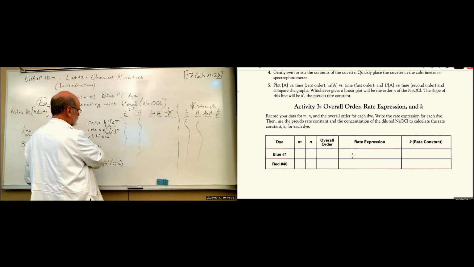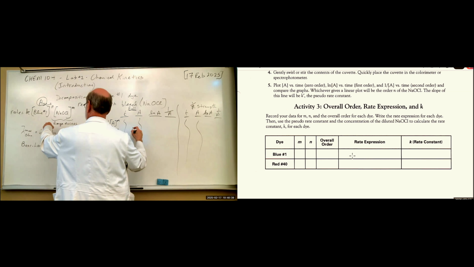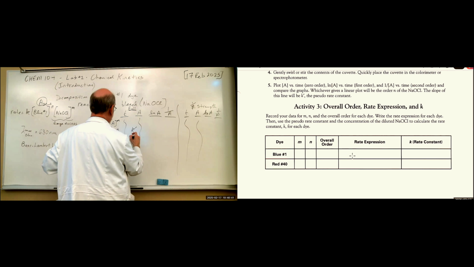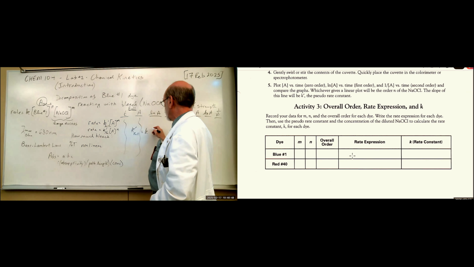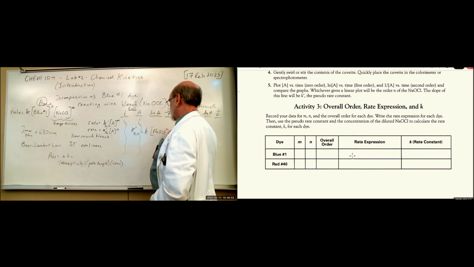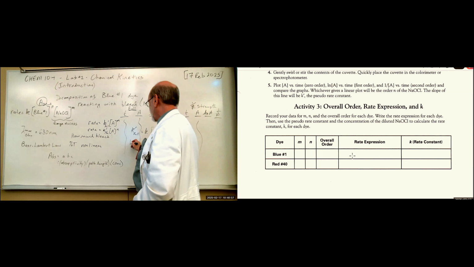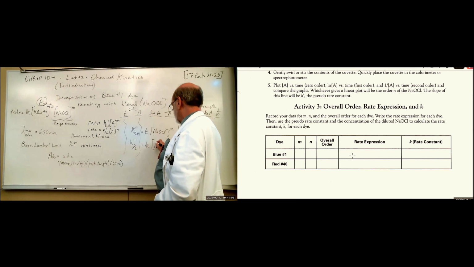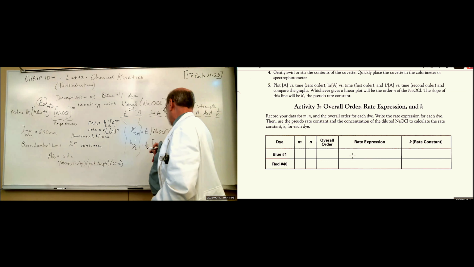Well, the K prime for the full is equal to our actual K times the concentration of that to the M. Okay. And the K prime for the half is equal to our K times this one.